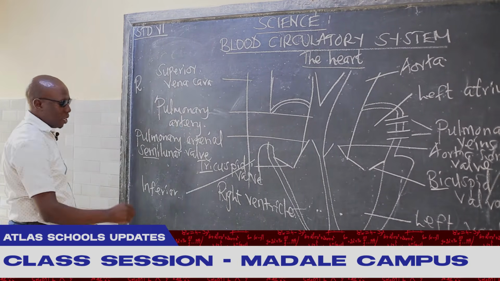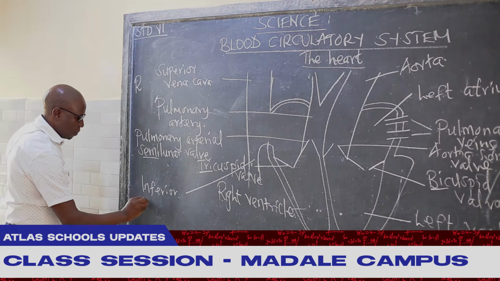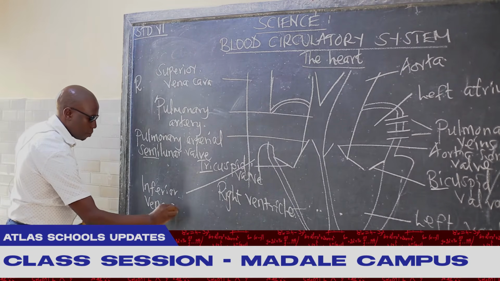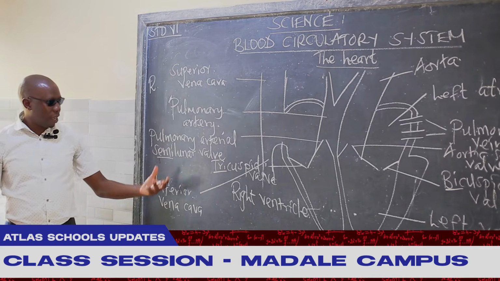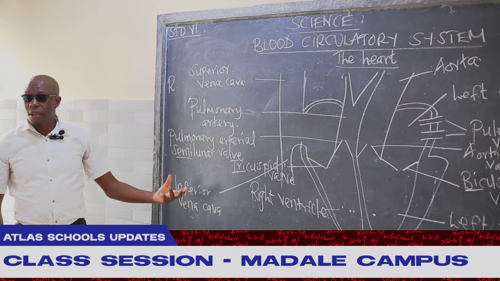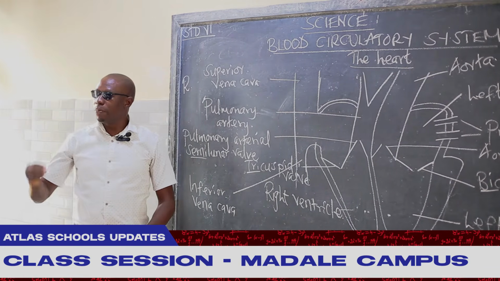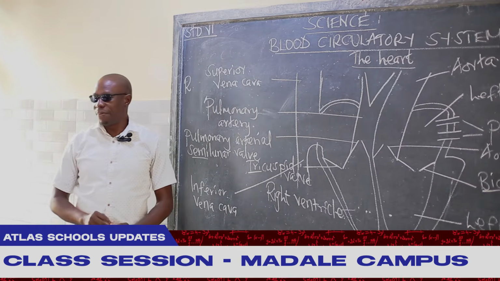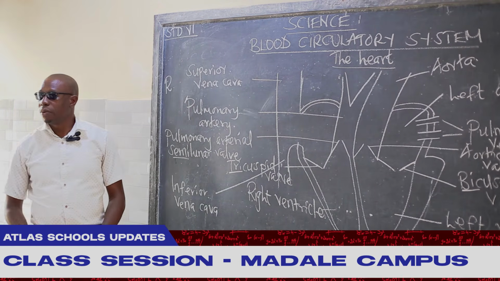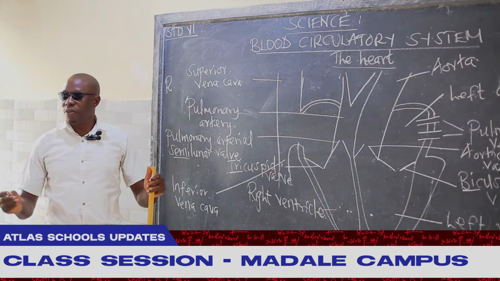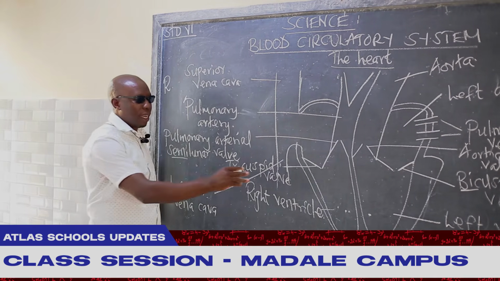So we have superior vena cava and the inferior vena cava, okay? Their function is to collect blood from all the parts of the body and bring it back to the heart. Collecting blood from all parts of the body and bringing it back to the heart.